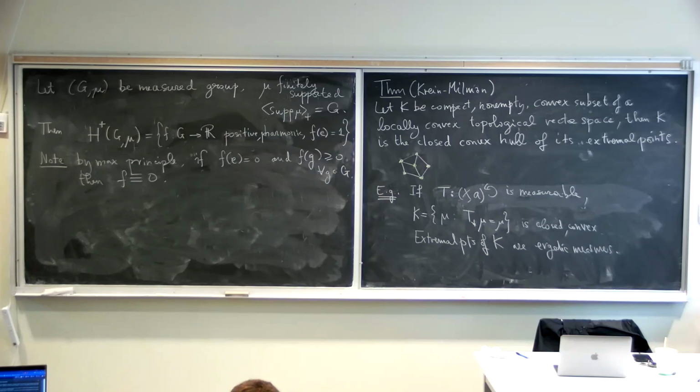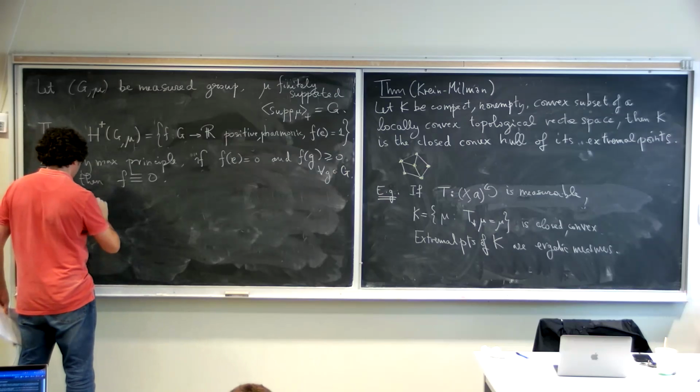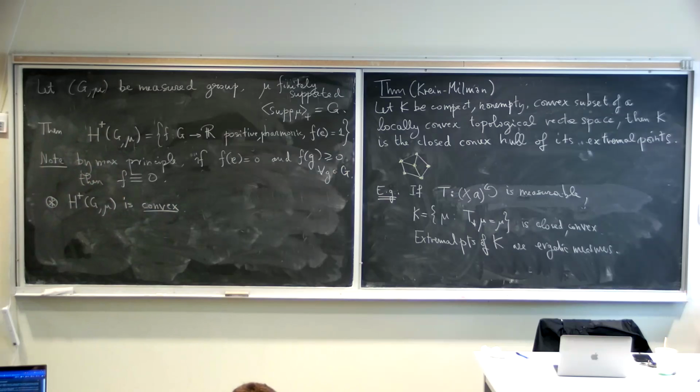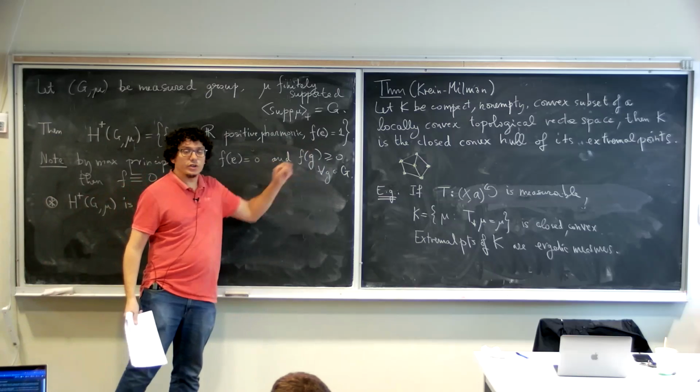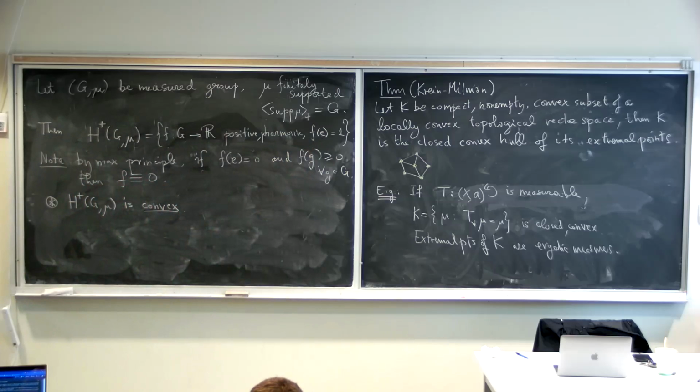Okay, so this H plus is convex. This is clear, because if you take a convex combination of positive functions, it's positive, F of the identity is 1, and the harmonicity condition is linear.